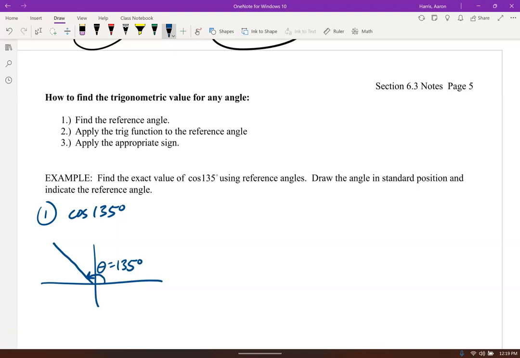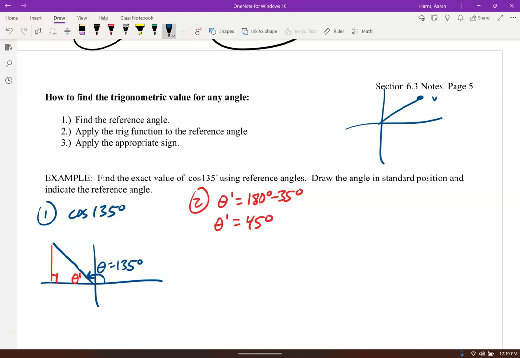Okay, number one, cosine 135 degrees. Now let's go ahead and find our reference angle here. Number 2, the reference angle theta prime is just 180 minus 135. So the theta prime is 45 degrees, right? And I know on my unit circle at 45 degrees, I'm root 2 over 2, positive root 2 over 2.